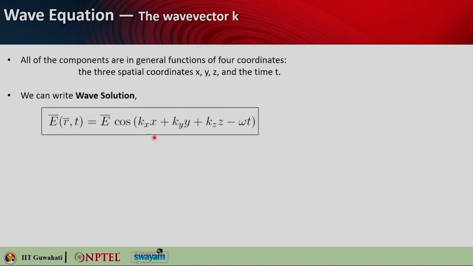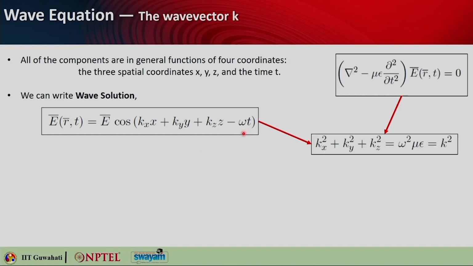Here kx, ky and kz are nothing but the x, y and z components of the wave vector k. Omega is the angular frequency. When you put this form into this particular equation, you get kx square plus ky square plus kz square equals omega square mu epsilon.